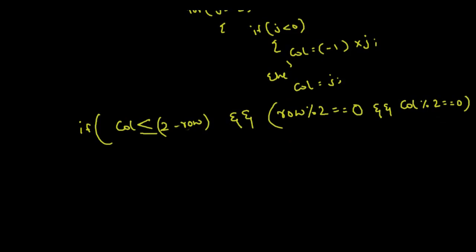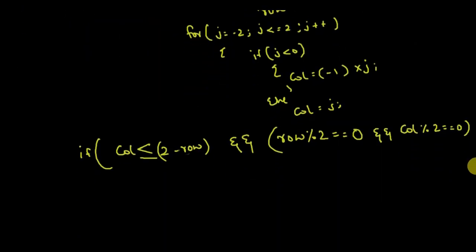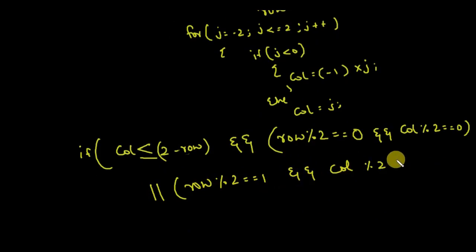And we have one more condition here, either this or this, either even or odd. So here we have to use an or operator. This is a mandatory case. We are checking this condition, and or between these two conditions: row modulo 2 equal to 1, and column modulo 2 equal to 1.